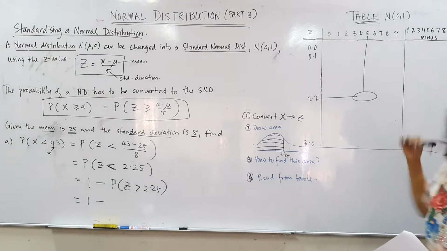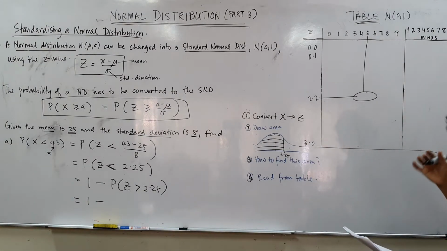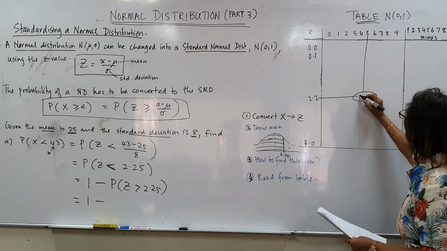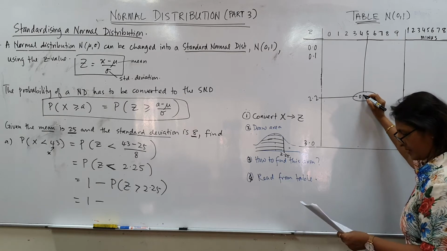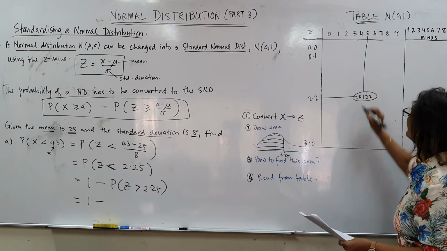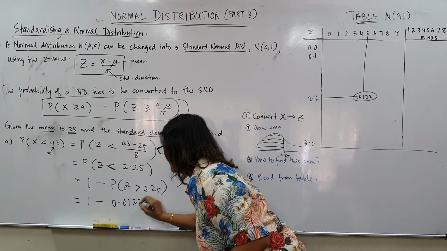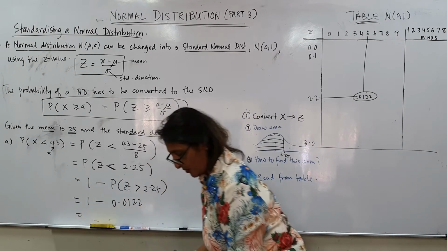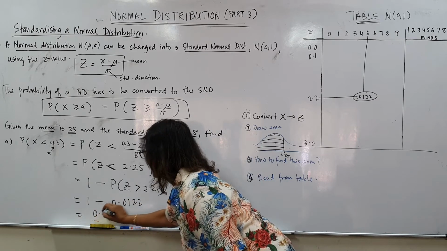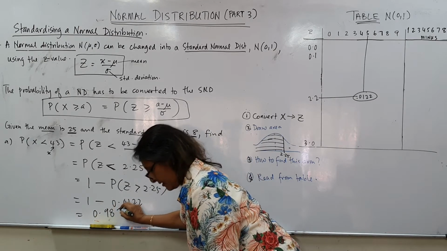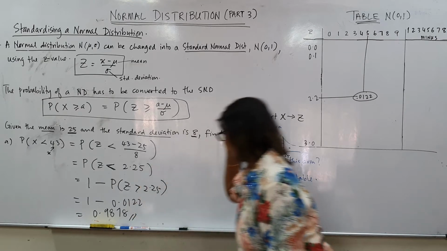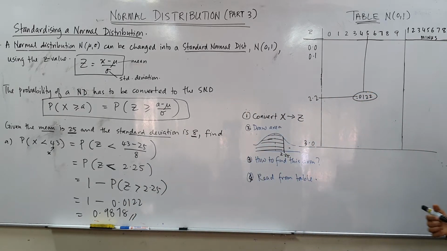For 2.25 it is 0.0122. So you put it here, 0.0122, then you do 1 minus that, and you get 0.9878 as your final answer.